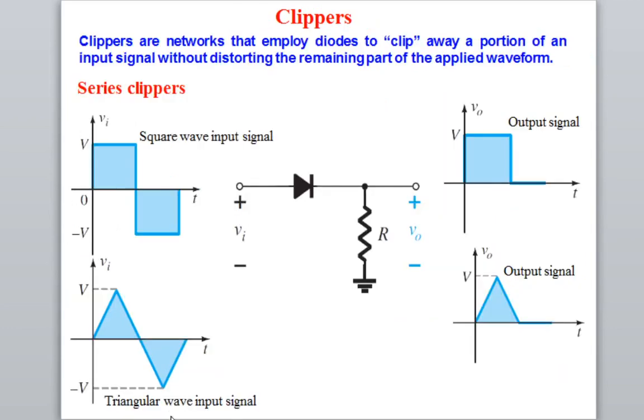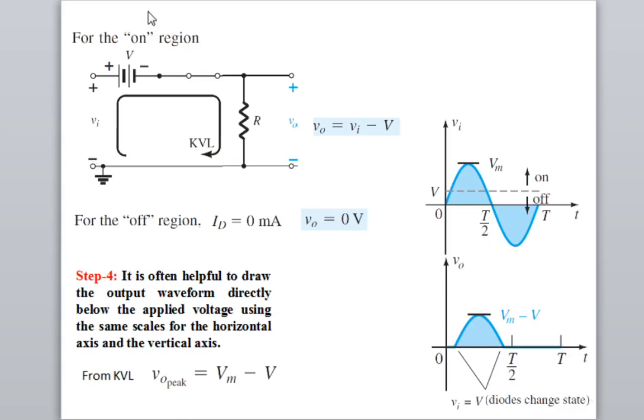So let us consider the case when the diode is in the on state, the on region. When the diode is in the on region, we know that the diode will behave like a closed switch having 0 voltage drop. And when it is in the on state, it will conduct a current across the resistance, across the diode.